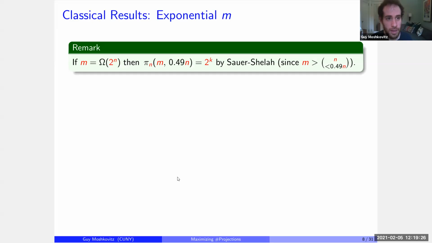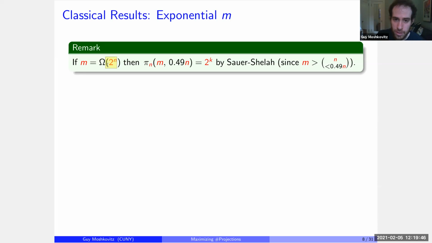Okay. So actually, there are still classical results here, but those results assume that your family is very large, that the number of sets in your family, m, is on the order of 2 to the n, which is the maximum you can hope for, like maybe 1/10 of 2 to the n.